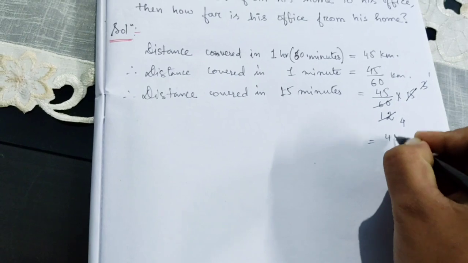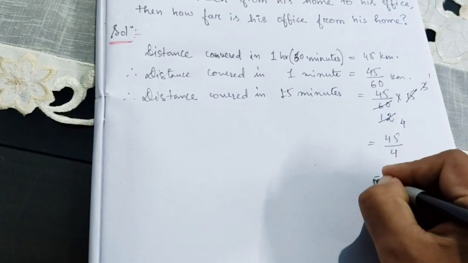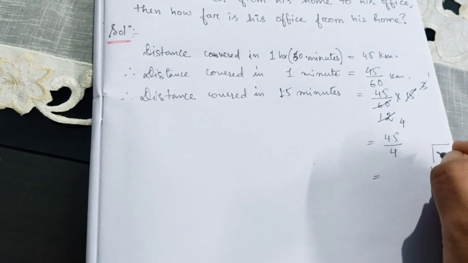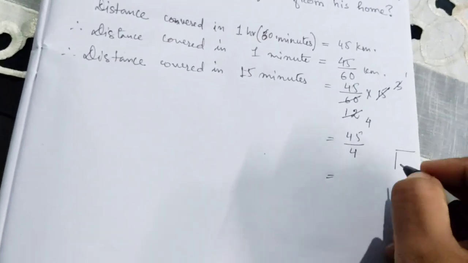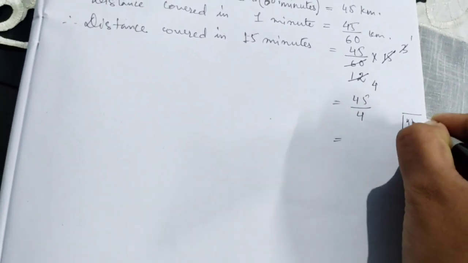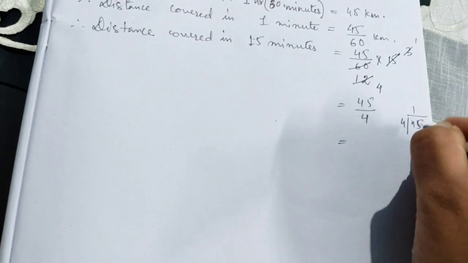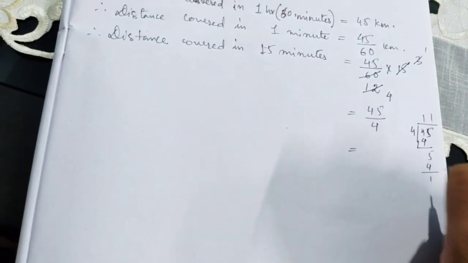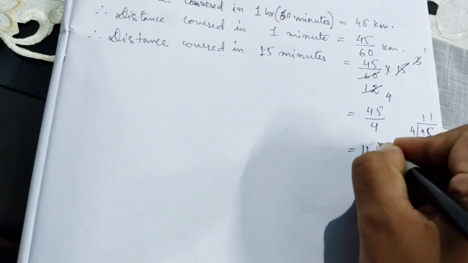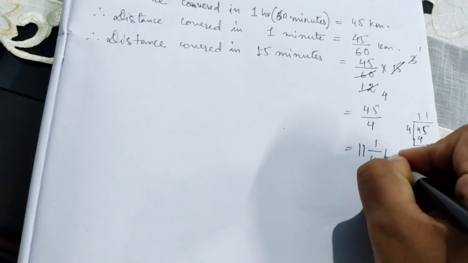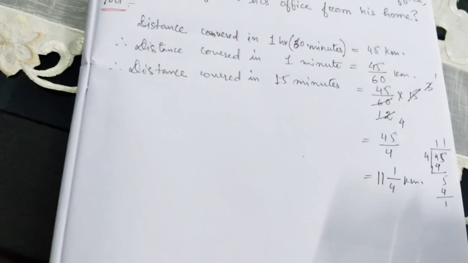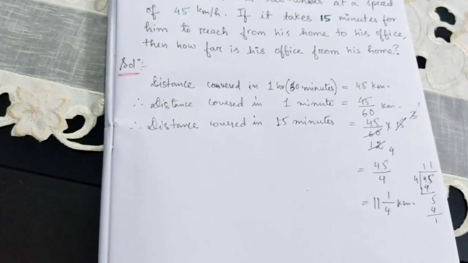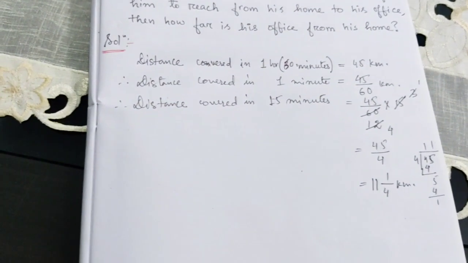So it will be 45 by 4. Now you can divide it. 4 1s are 4. So it will be 11 1 by 4 kilometer. So like this you can find the distance from time.